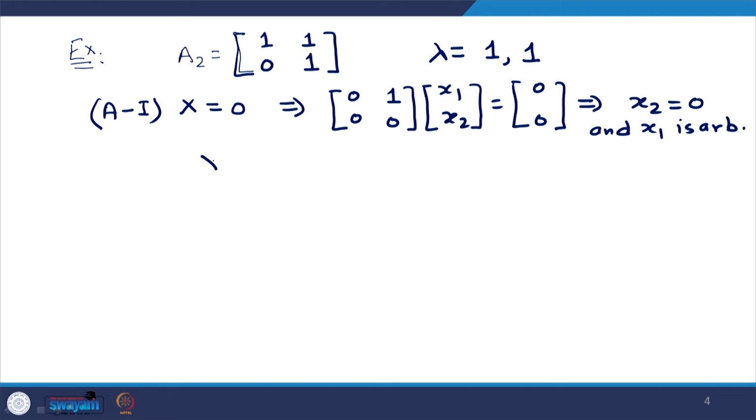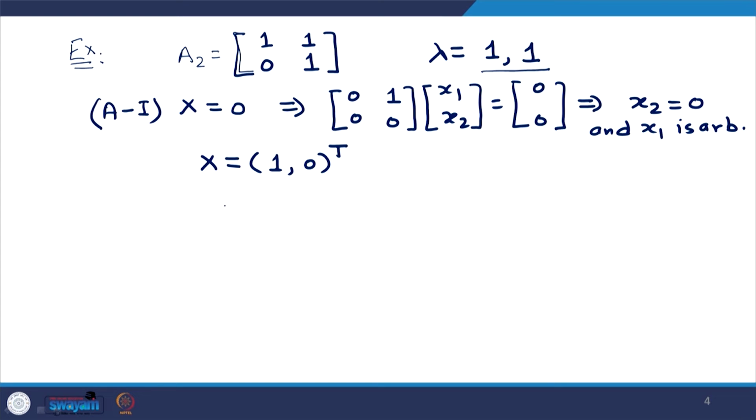So, from here I can write x equals (1, 0). What you are observing here is that we have two eigenvalues of this matrix, both equal, that is, lambda equals 1. However, corresponding to 1 we have only one eigenvector.